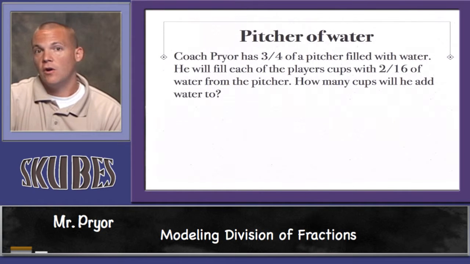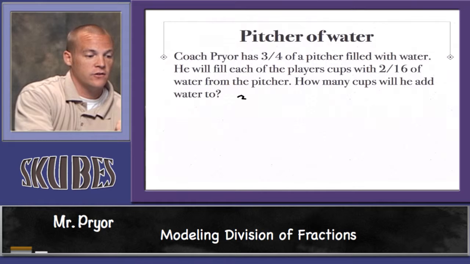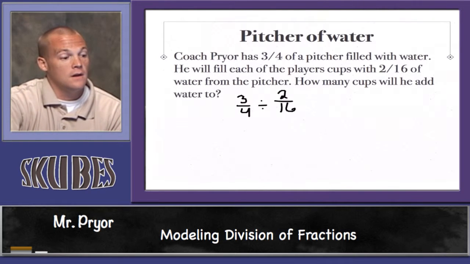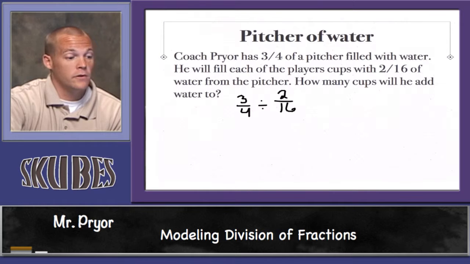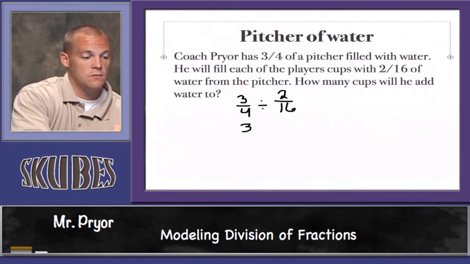In this case, we have a total of 3/4 of a pitcher. That is our total amount that we are dividing up into 2/16 pieces. Okay, and in this case, cups. So 3/4 divided by 2/16, we actually need to multiply by the reciprocal.